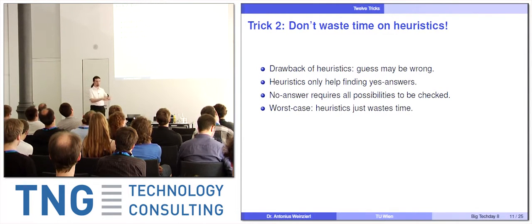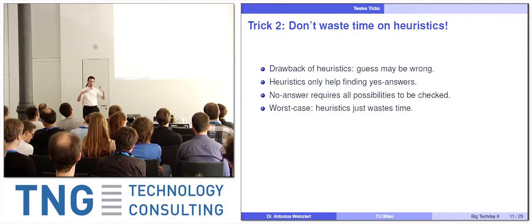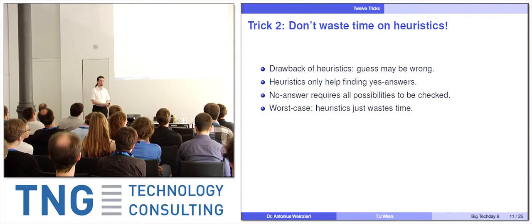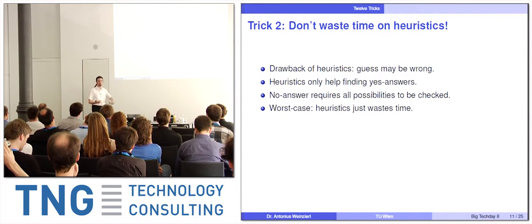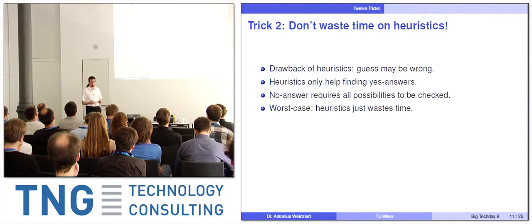So if we are given a set of clauses and this set of clauses is unsatisfiable, meaning there are all zeros at the bottom, how can the heuristics tell us? It is just leading us to one of the cases, but to be sure that there is no answer, we have to check all of them. So in the worst case, the heuristics is just a waste of time, because in these cases it does not tell us anything, but it consumes time to compute.